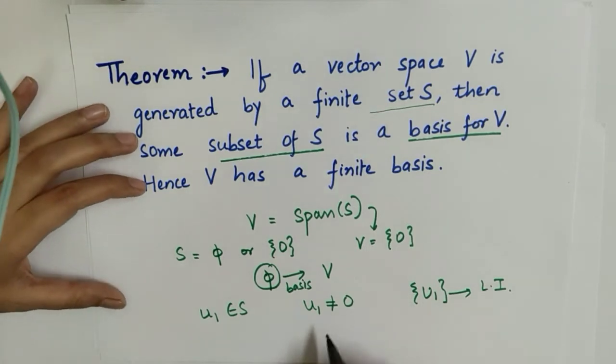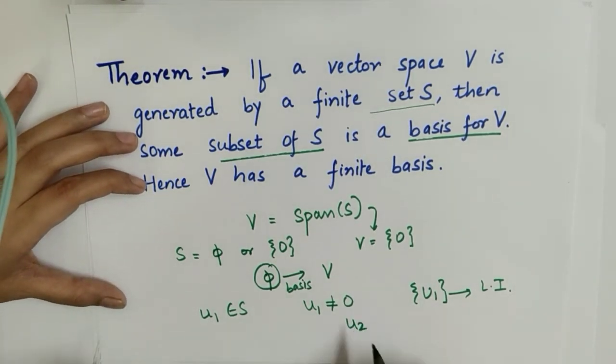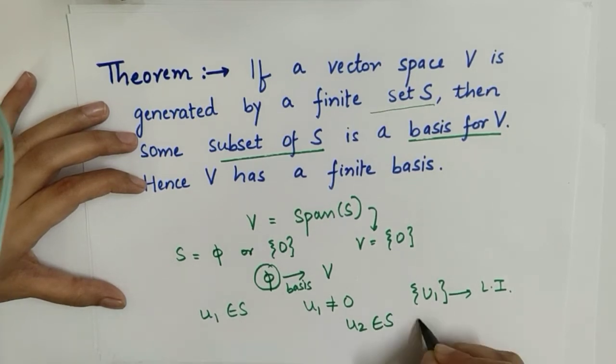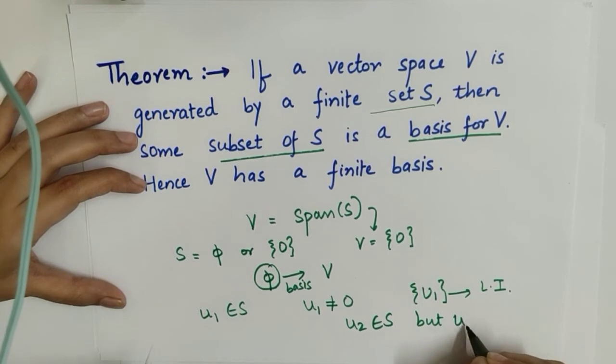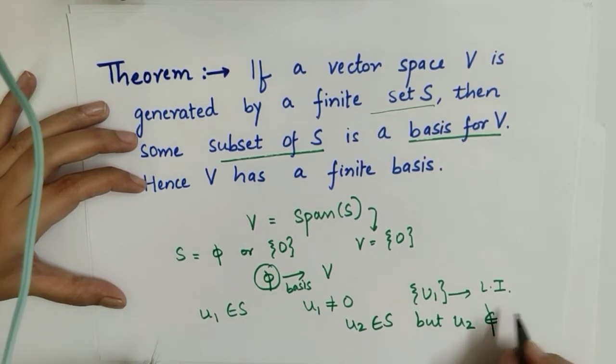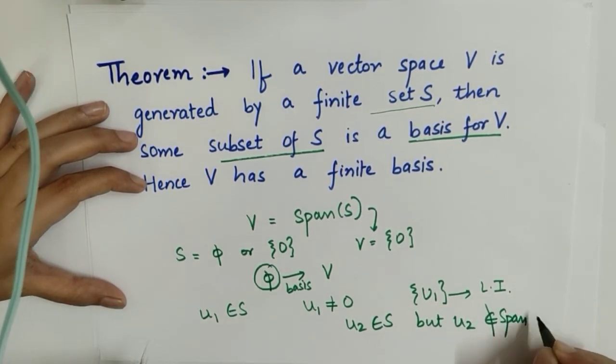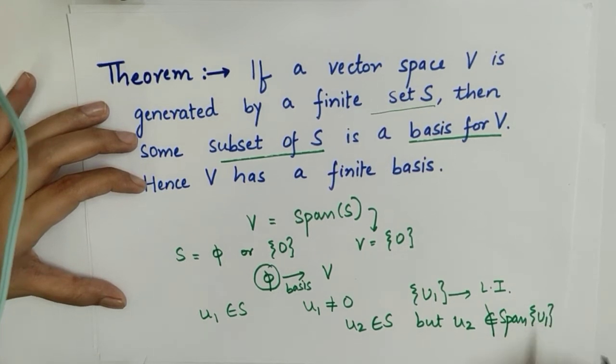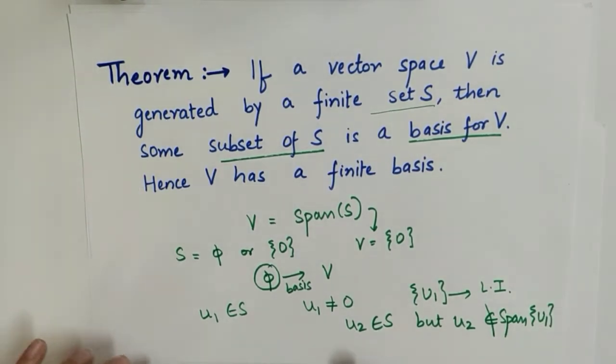So let us now choose another element U2 if possible, such that U2 is an element in S, but U2 does not belong to span of singleton U1.